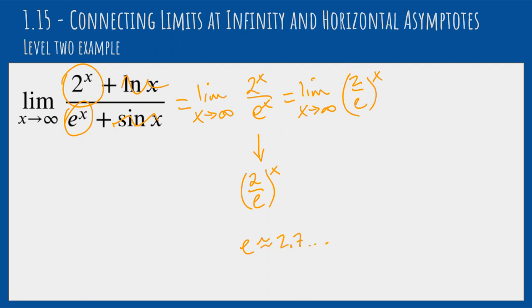So what we've got here is a number that is less than 1 and raised to a big power. All right, so you could experiment with this on a calculator, but if you take any number less than 1 and you raise it to a big power, it's going to get closer and closer and closer to 0. So this limit here is going to be 0 because of that property.